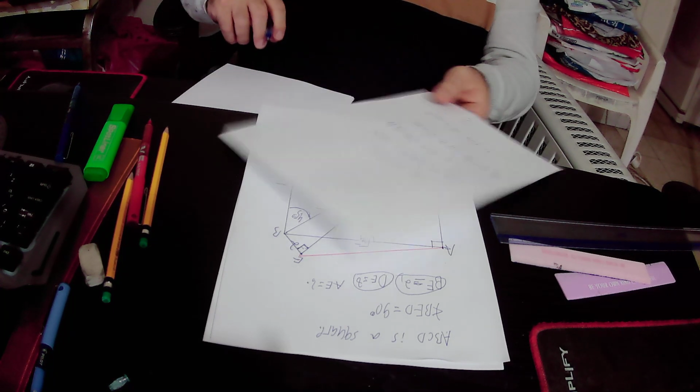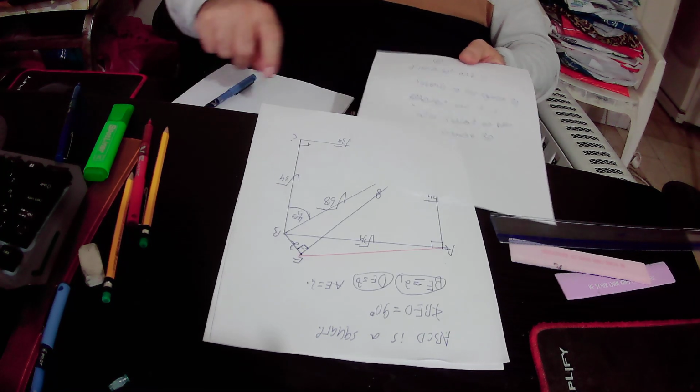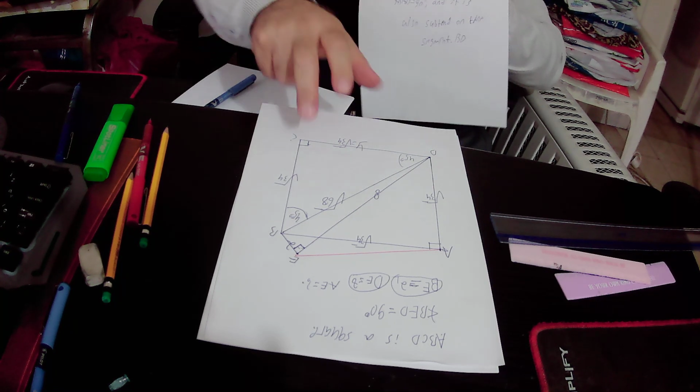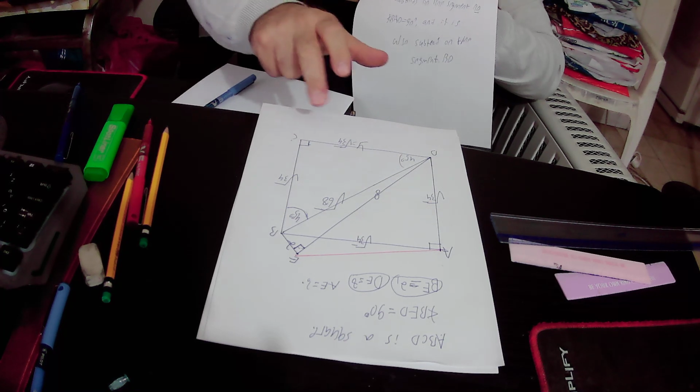I repeat again. Angle BAD, this angle is also equal to 90 degrees, and it is also subtended on line segment BD.